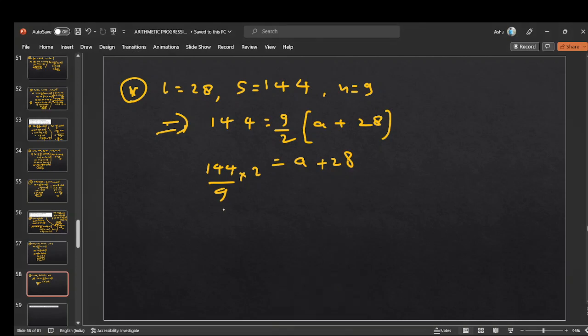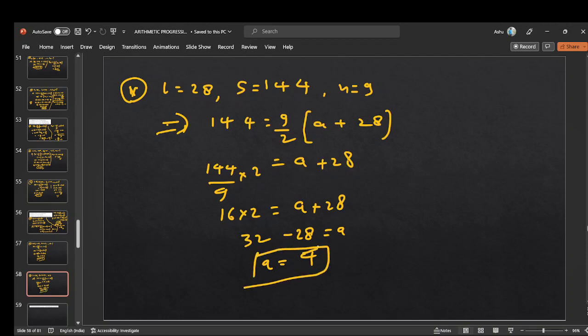It is divisible by 9. It is 16. So 16 into 2, a plus 28, 32 minus 28, it is a. Then a will be 32 minus 28, which is 4. Clear? That is our answer.